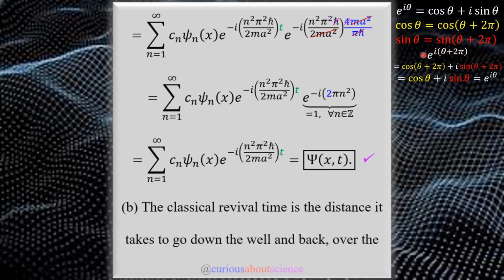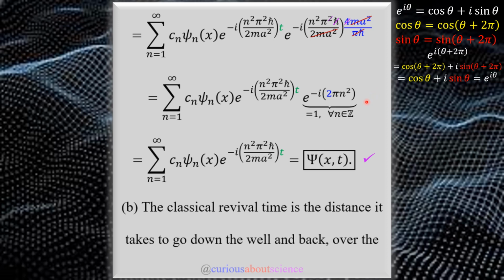So the periodicity of e to the i theta plus 2 pi, you plug that all through, you see we get back to e to the i theta, meaning that this exponential here is periodic for any multiple of 2 pi, and since n squared is an integer, because n is an integer, and if you square two integers, you get an integer, we know that this whole thing is 2 pi periodic based on the Euler expansion here. So we like that.